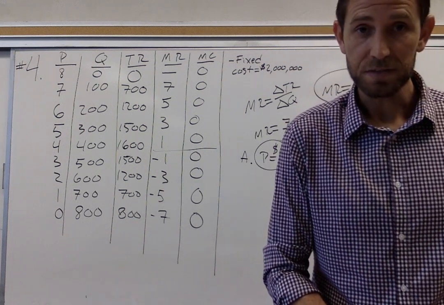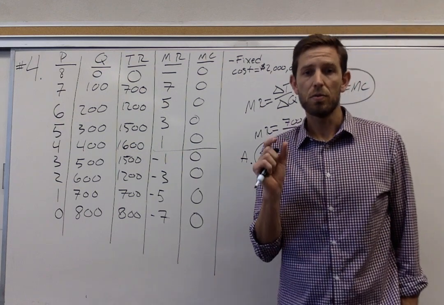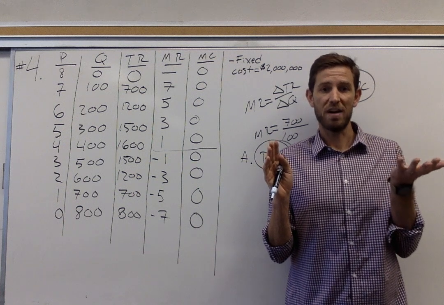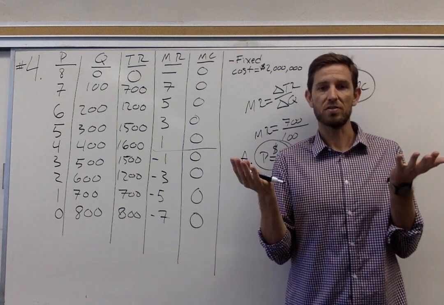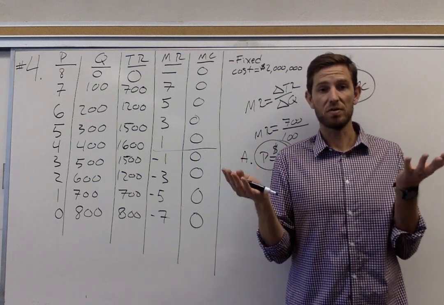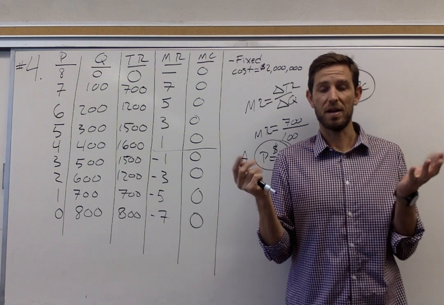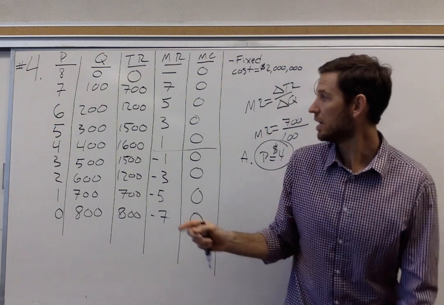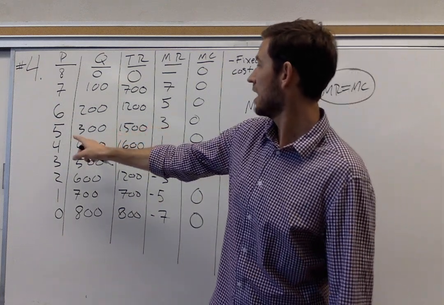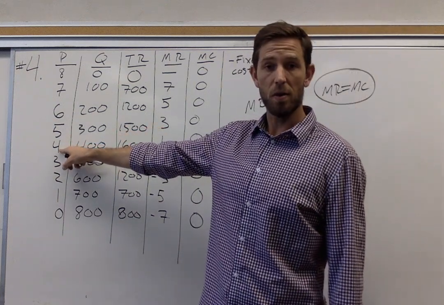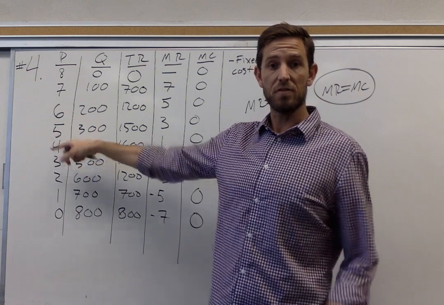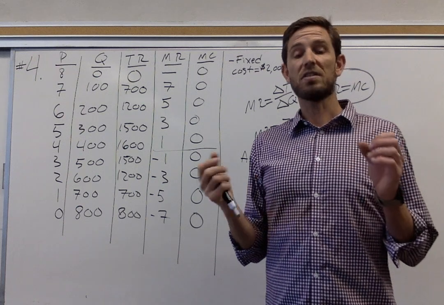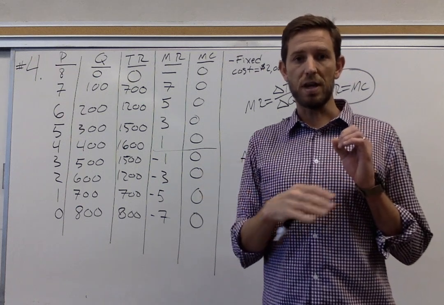Would this be efficient? Right? To judge that question, what you want to do is weigh the marginal benefit to society versus the marginal cost. And we can see that these are most definitely not the same. Right? The marginal benefit to the person crossing that bridge is significantly higher. They're willing to pay a price of 4 for that last unit. It's not costing the company anything to produce another unit of the good.